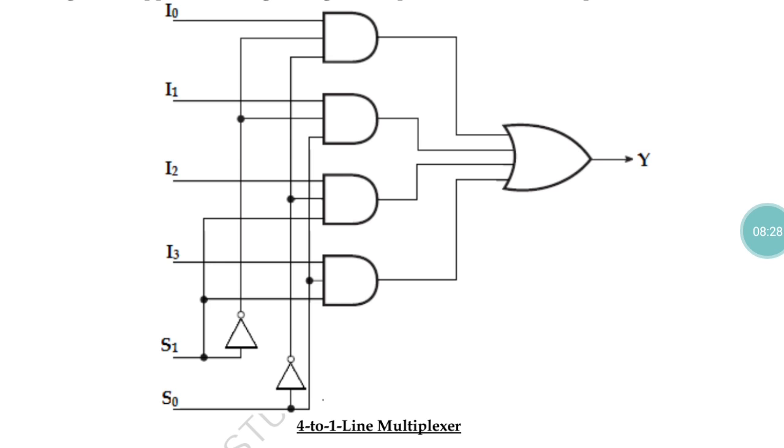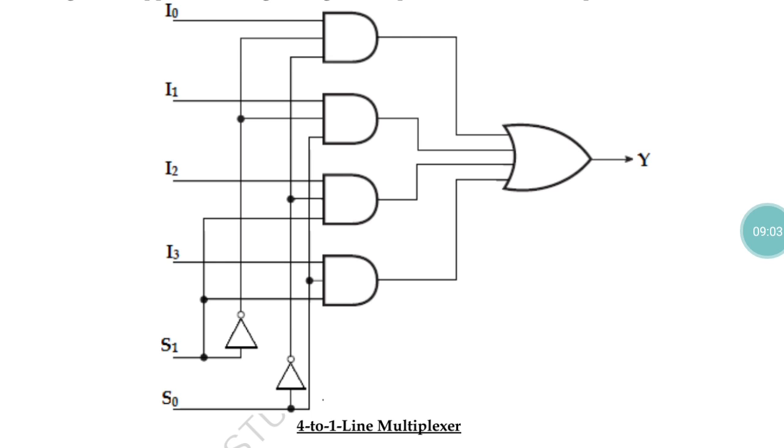So we are going to adopt the 3 input AND gate. I0 will be connected with the S0 and S1 controls from the control signals. In this case, I0 will be connected with S0 bar and S1 bar, and I1 will be connected with S0 and S1 bar.